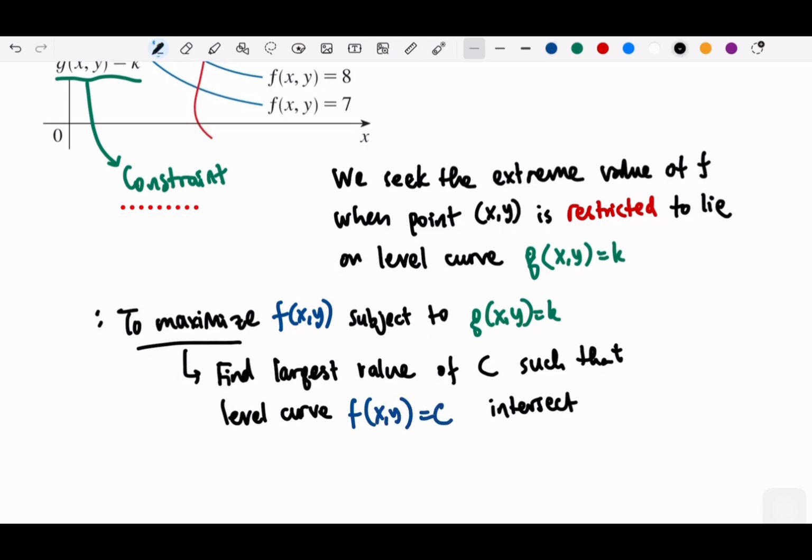So this will intersect exactly with the constraint.